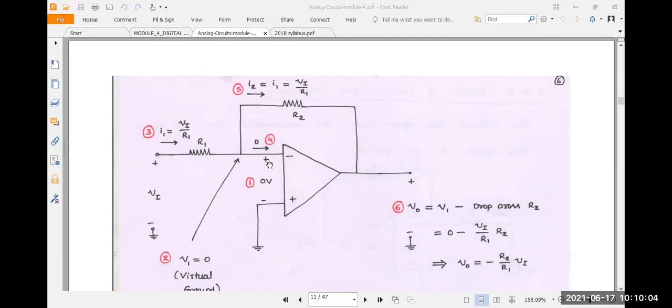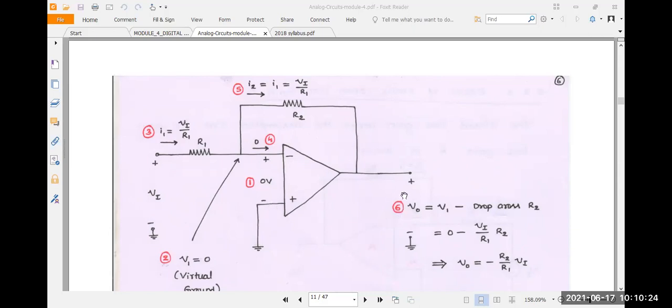Then the current is 0 across terminals 1 and 2, and the voltage is also 0. So V1 is a virtual ground, because the other terminal is connected to physical ground.